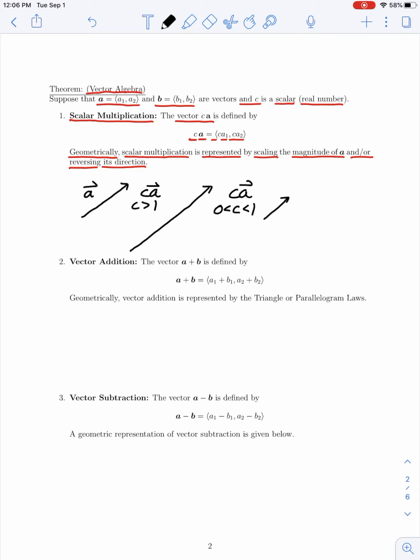Now, if we take a constant multiple of A, or scalar multiple of A, where our constant C is some negative number, then I would be reversing the direction in which my vector acts.